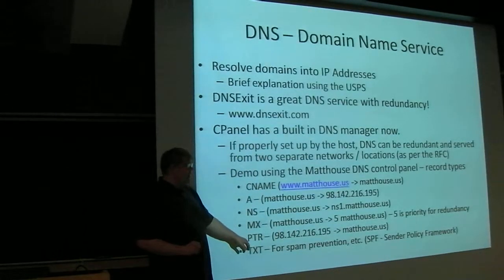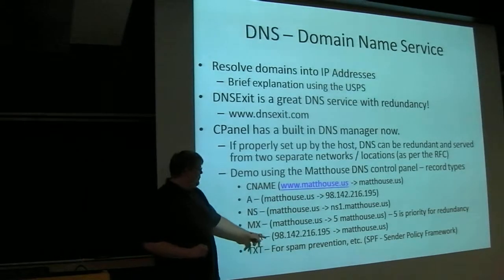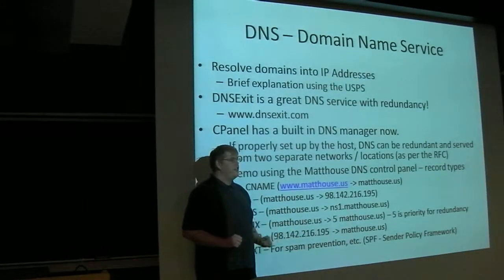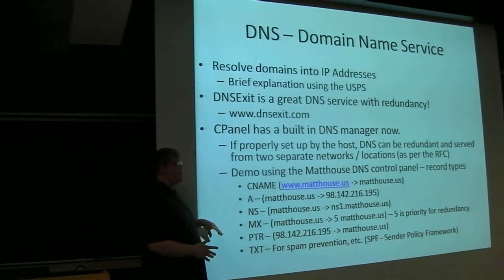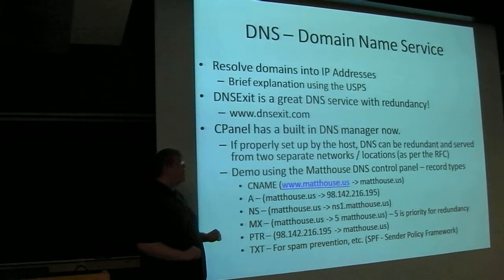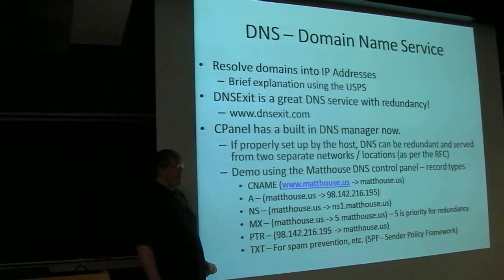PTR records are very important if you're using mail servers because they map an IP address to your domain. So let's say that Joe Blow gets into your system and they change your domain to point to a horrible IP address that's going to redirect you to a site that you don't want to be on.